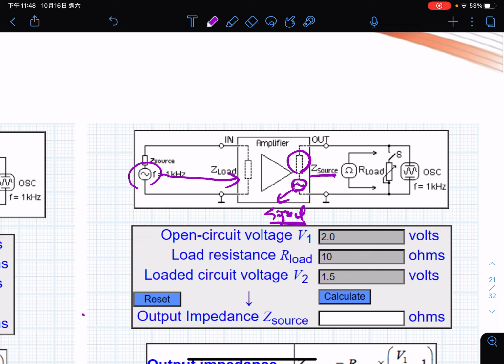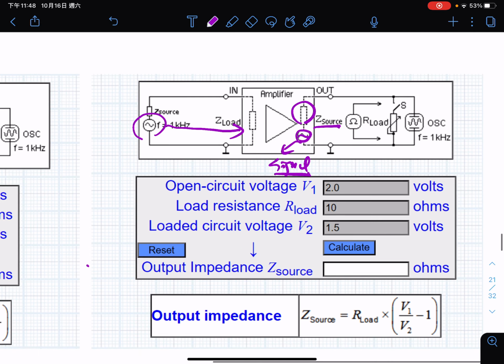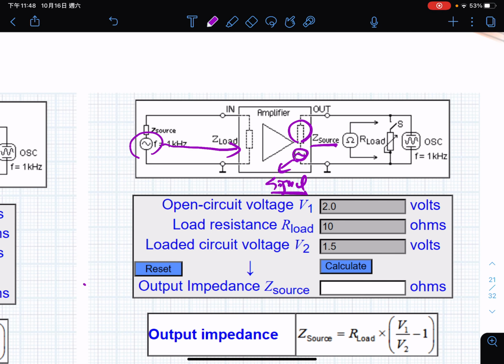We can measure the signal here, and we can measure the load outside here. If we don't have the load, then we know that this is its original voltage, V1, and V1 will appear here too.